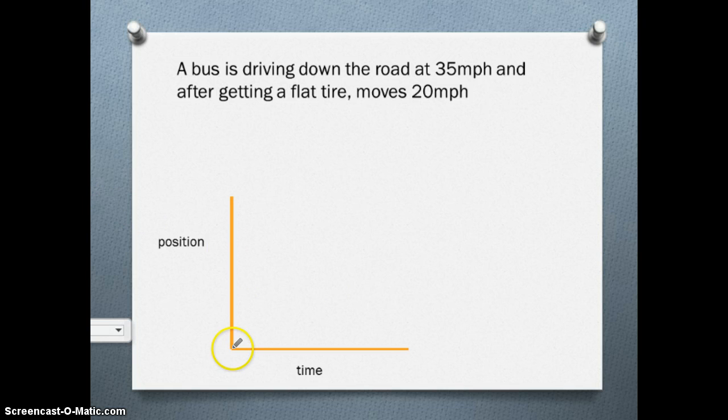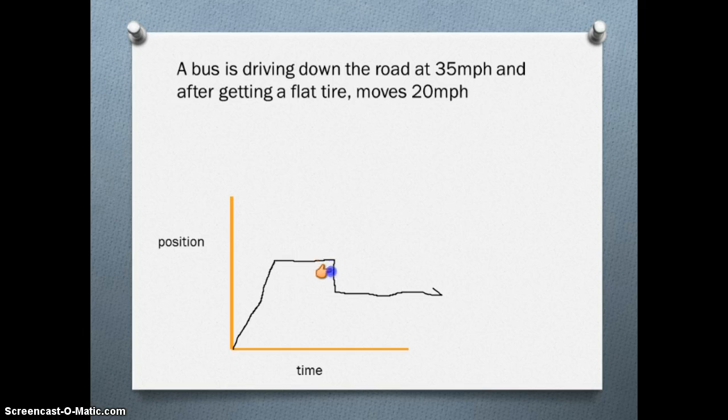Let me just draw this one again. If the bus increases to a speed of, let's say, 55 miles per hour, and it goes at a constant speed for a period of time, then it's going to get a flat tire. So it's going to stop, and then continue on again at a decreased velocity. Here we see the increase in speed. The bus continues to move at a constant speed.